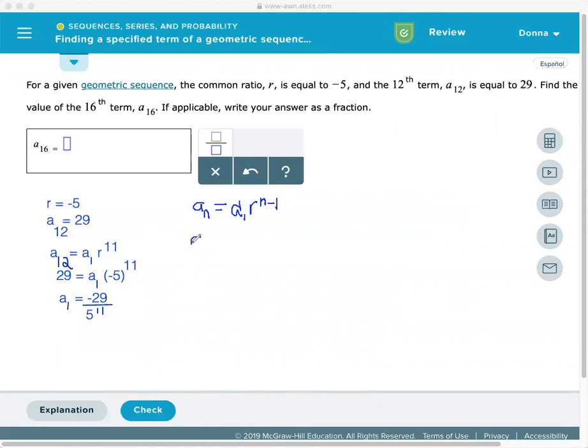So A16 is going to equal A1, which is -29 over 5 to the 11th, times R, which is -5.